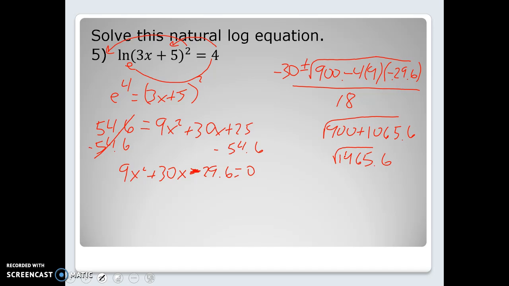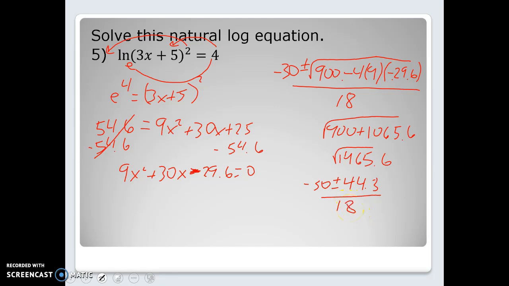If I take the square root of that, we will get 44.3. So it's negative 30 plus or minus 44.3 over 18.